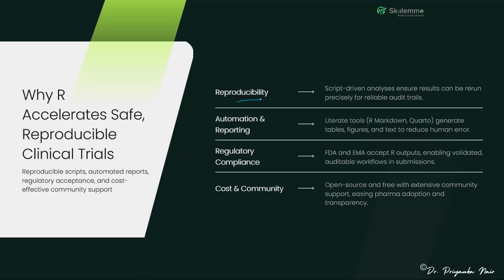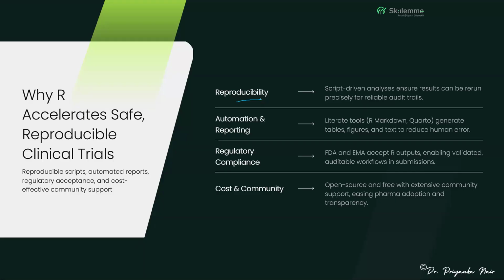And finally, cost and community is something that's a plus here. It's open source, freely available, and continuously being enhanced by different global scientific communities out there. So this makes it not only cost effective, but incredibly adaptable to the evolving needs of clinical research.